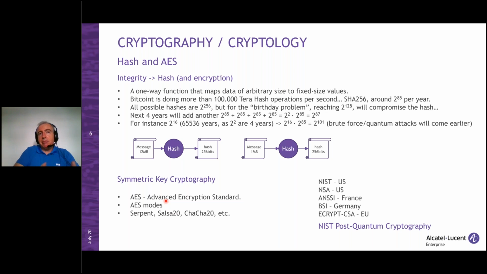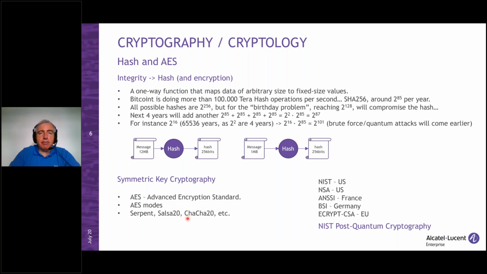If the random number generator has been compromised, as sometimes happens, you have a problem; if you use a good one, you are safe. There are some AES modes, which we will see later, two of which are used in WPA, WPA2 and WPA3.